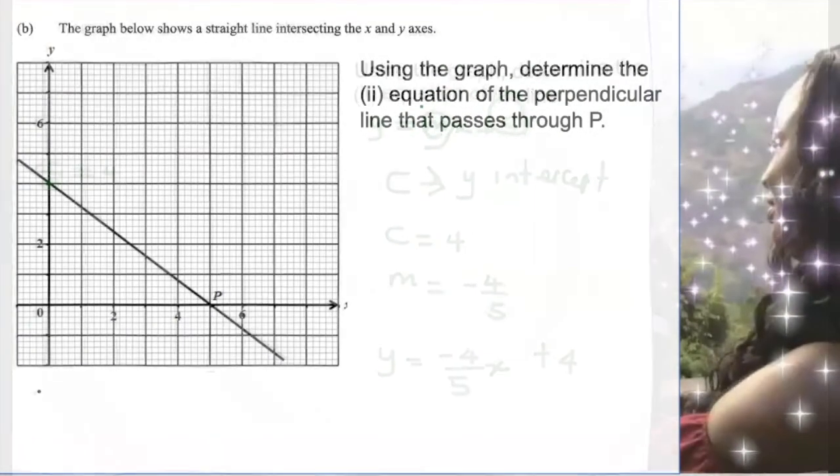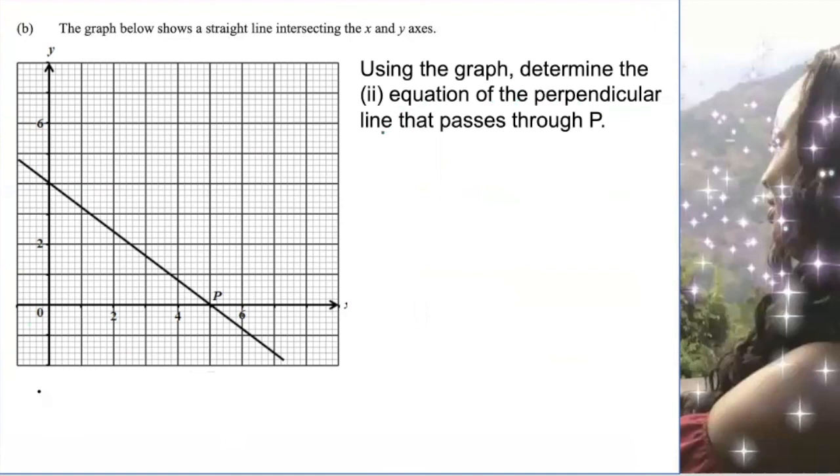Now the next question is asking to determine the equation of the perpendicular line that passes through P. Once it is perpendicular, the second gradient m2 is equal to minus 1 over the first gradient.